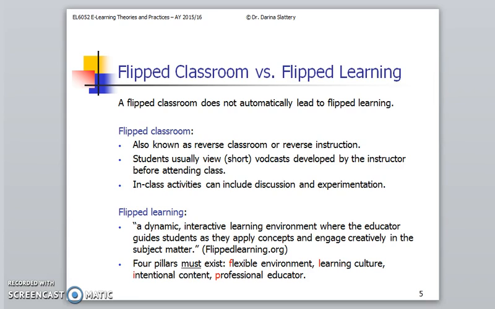Those pillars are discussed in more detail in the flipped learning article that I've cited. So essentially, just because you swap what you do in class with what students do in the evening does not automatically mean it's going to be more effective learning. So the flipped learning initiative is to actually maximize the impact of the flipped classroom by carefully considering these 4 pillars. Okay.